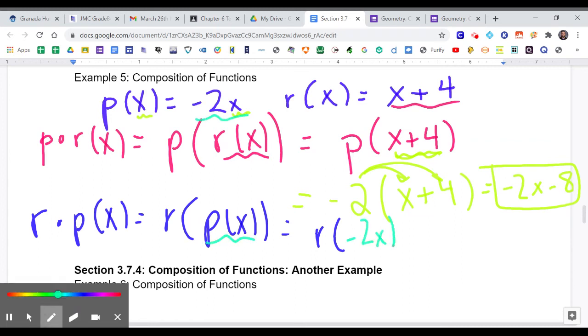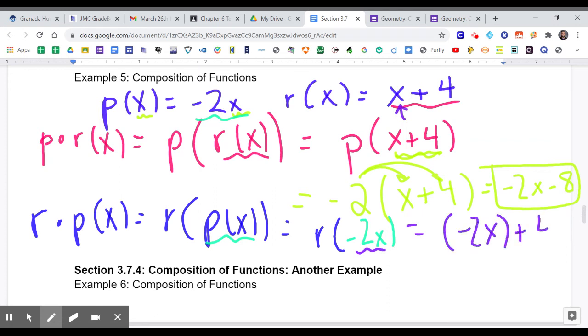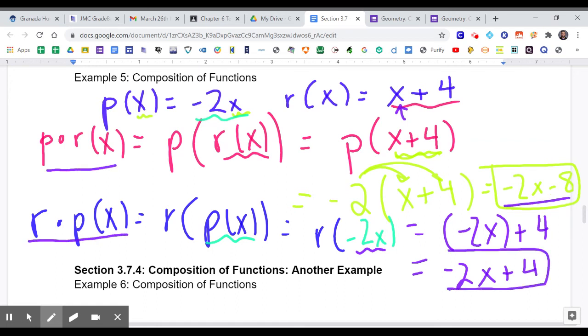And so then what we're going to do is put that negative 2x in for this x right here. So it's going to be negative 2x plus 4, because there's no combining. So you'll notice that p of r of x is this, and r of p of x is this. So are they the same? They are not, and that's important for something that we're going to talk about later on.